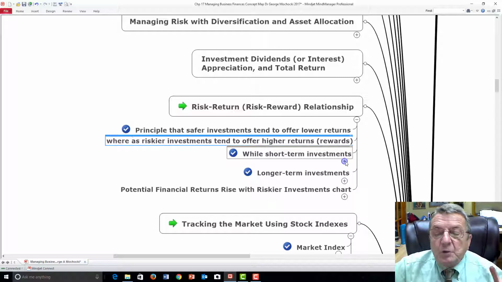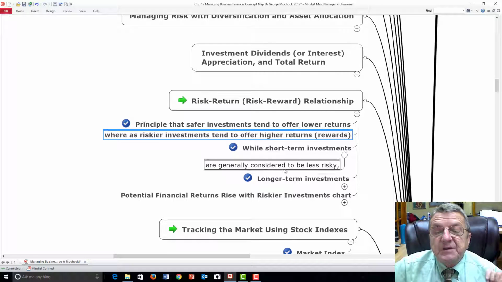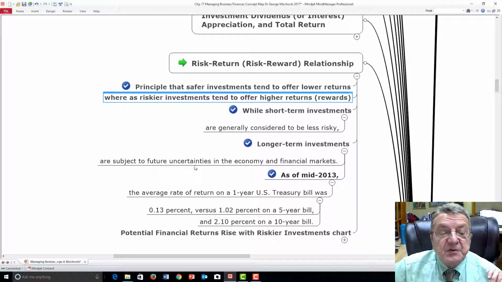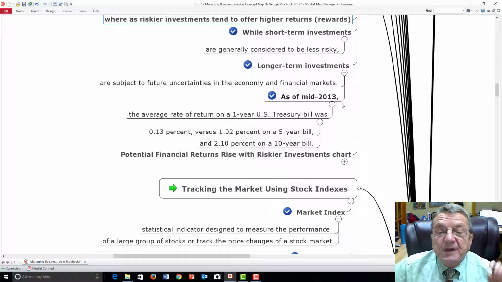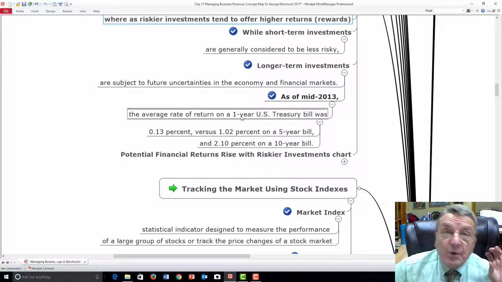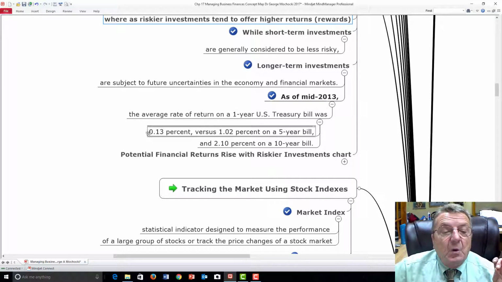While short-term investments are generally considered less risky, longer-term investments are subject to future uncertainties in economies and financial markets. As of mid-2013, the average return of a one-year U.S. Treasury bill was 1.3% versus 1.2% on a five-year.